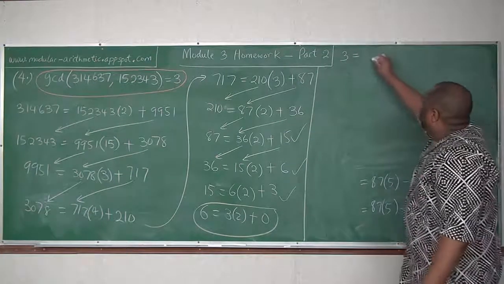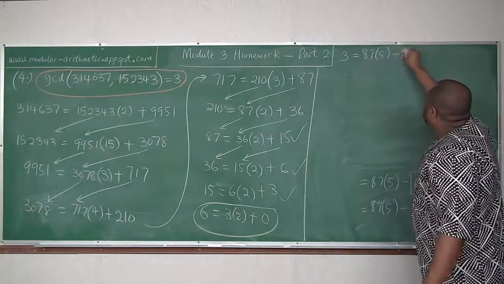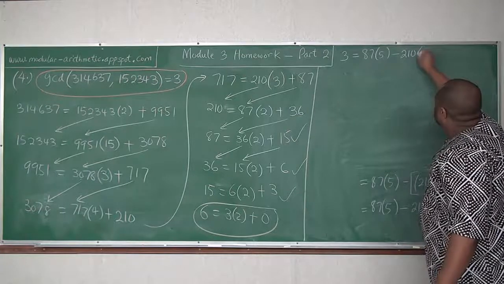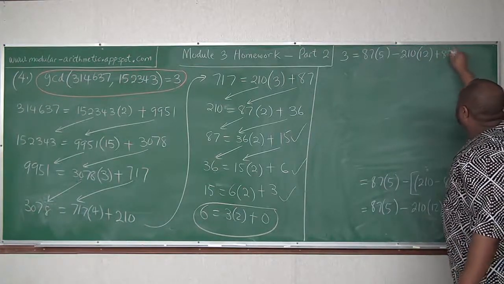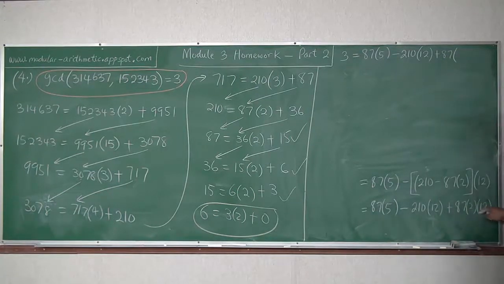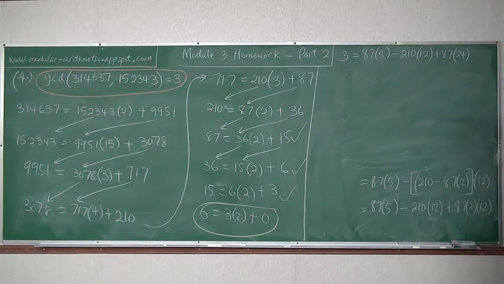Okay, so this is 87 times 5 minus 210 times 12 plus 87 times 2 times 12, which is 24. Let me get the 87s together.